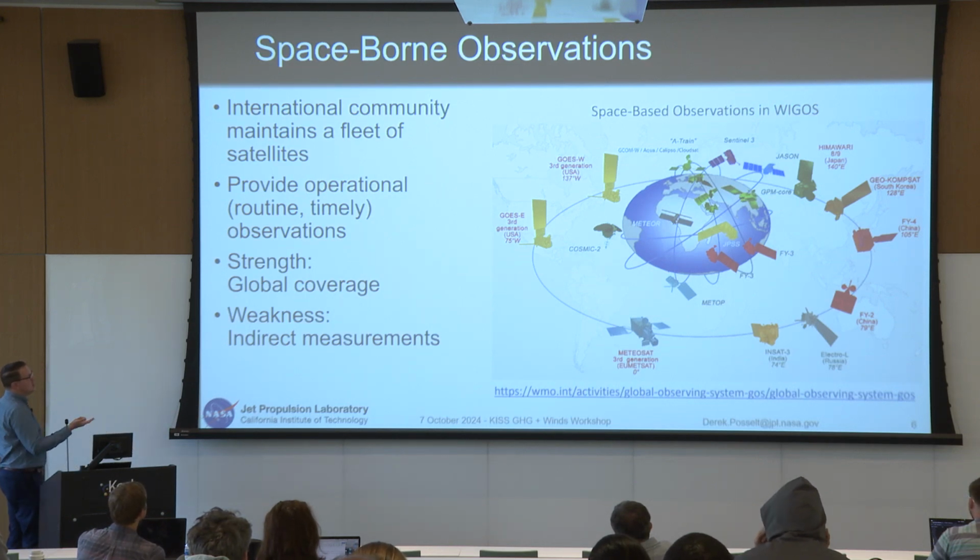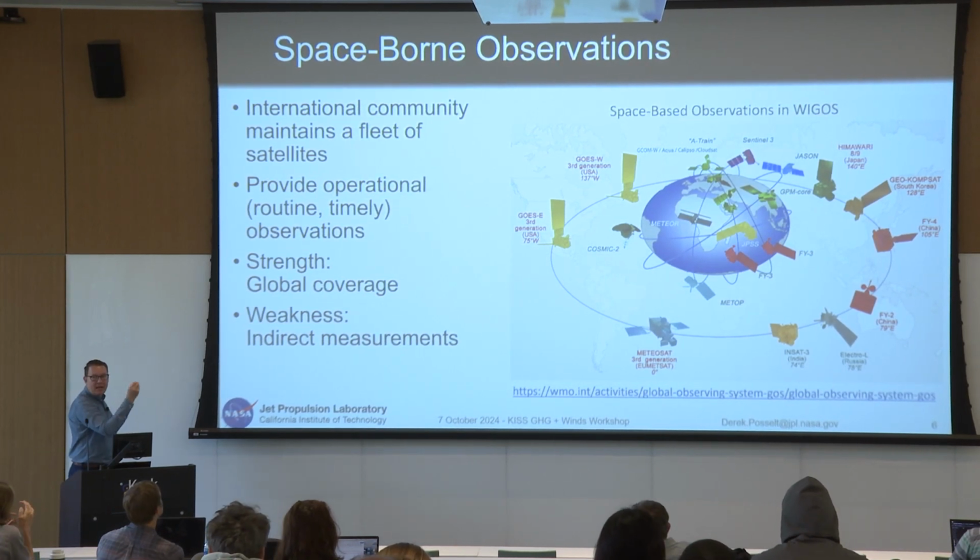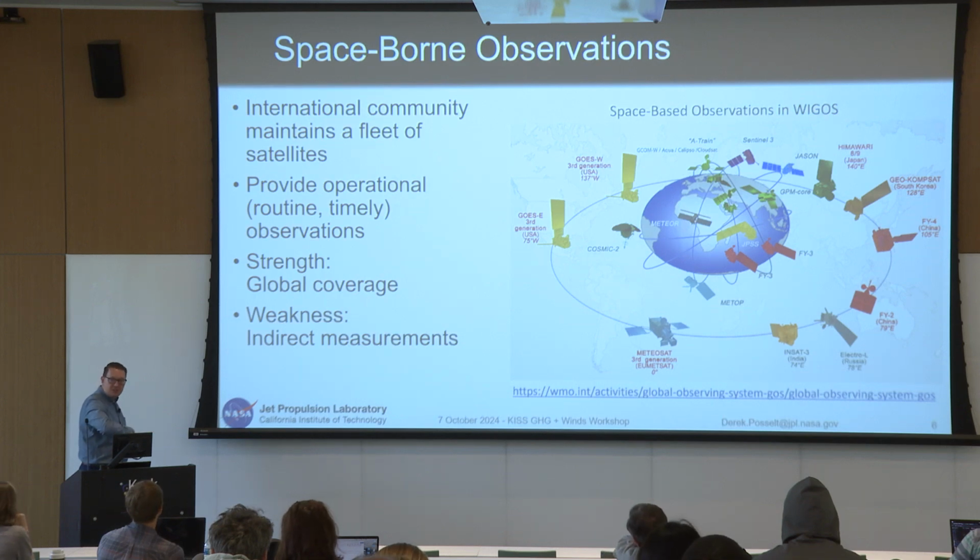The strength of the in situ measurements was that they gave us direct measurements of the meteorological variables at a location and time. The weakness of those is the representativeness. It's a particular location, a particular time, and you don't actually know how representative that observation is of the wider area. Satellite, in contrast, gives us global coverage. However, the weakness is that it's an indirect measurement.